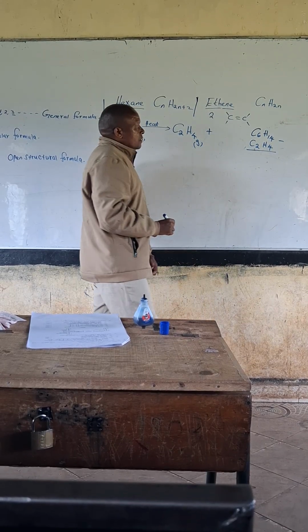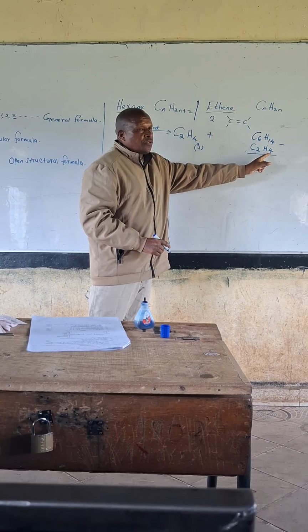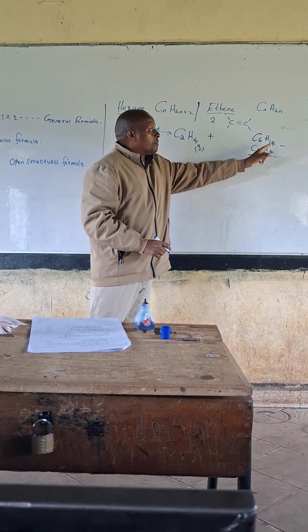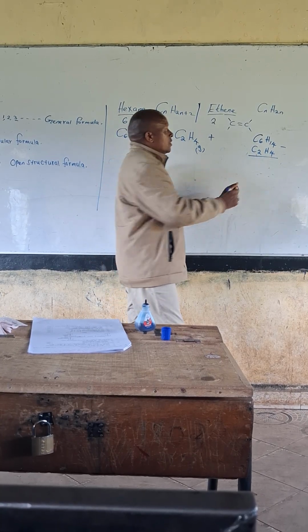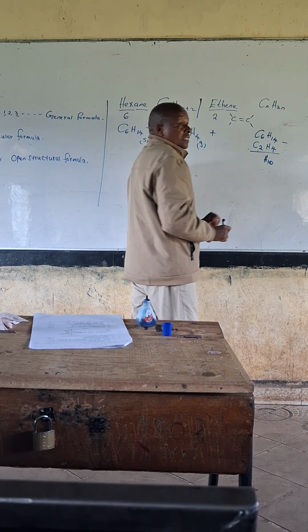Let us start with hydrogen. 14 minus 4, 10. So hydrogens are 10.